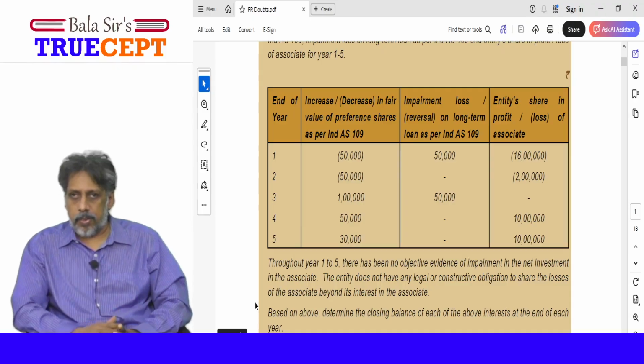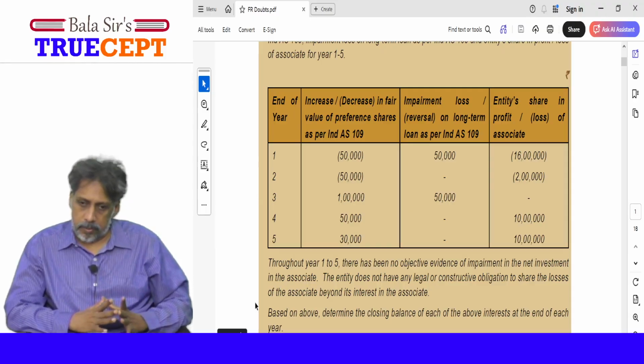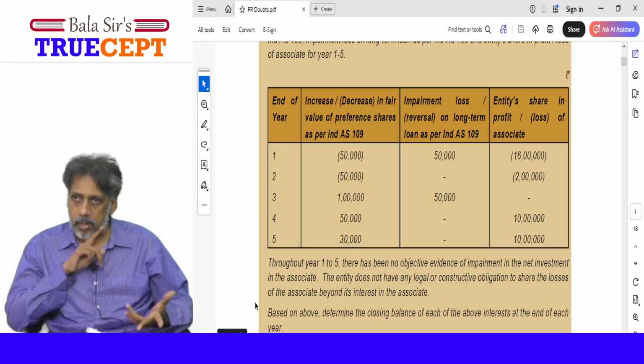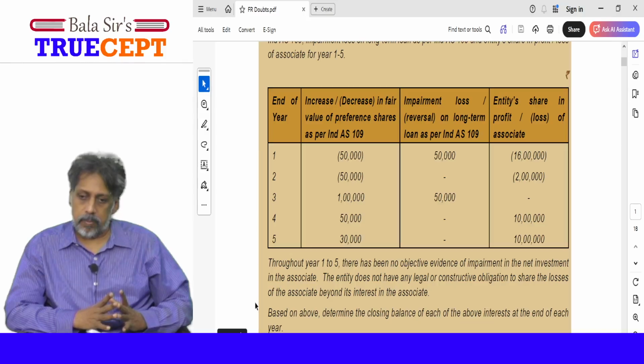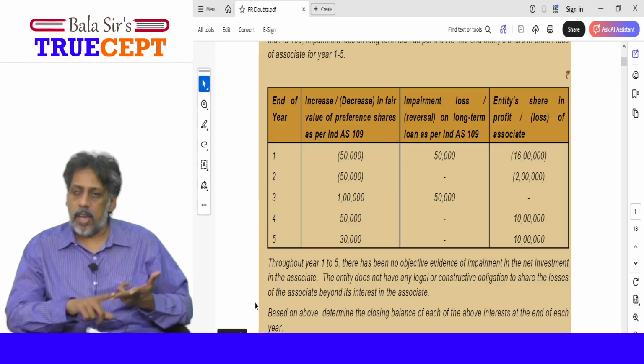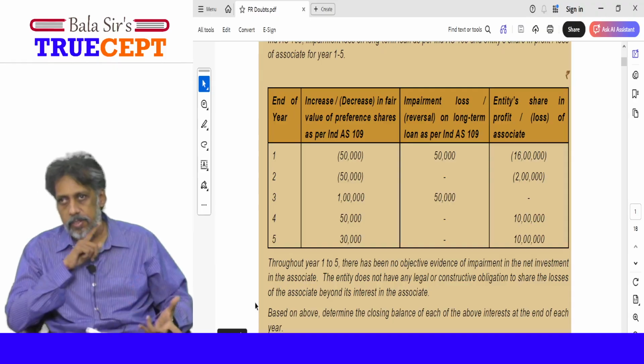That means the preference share has reduced by rupees 50,000, right? Then impairment loss is 50,000 rupees. Then entity's share in profit or loss of the associate, loss is 16 lakh, nothing but 25% of the associate's loss is 16 lakh rupees.